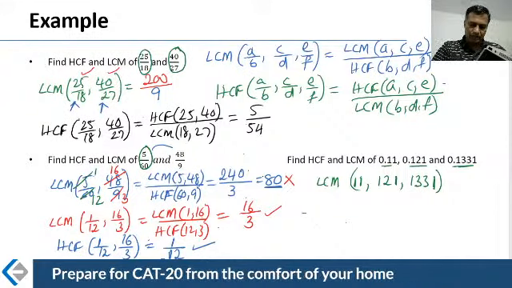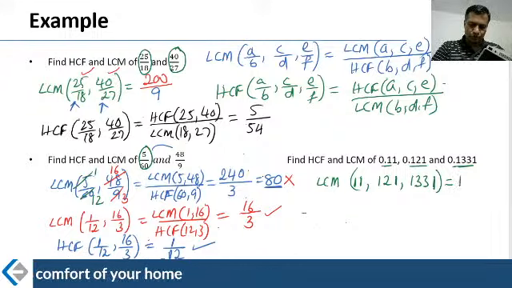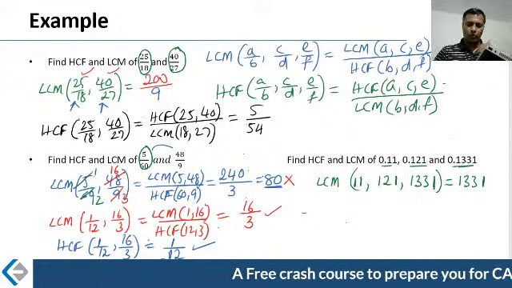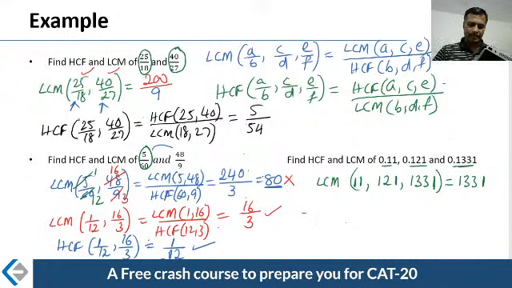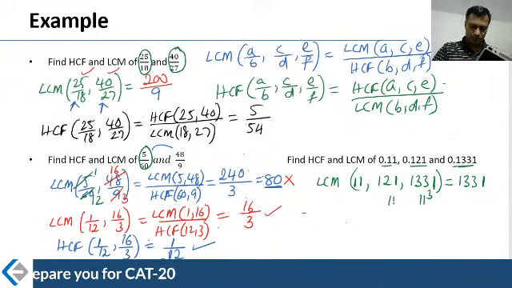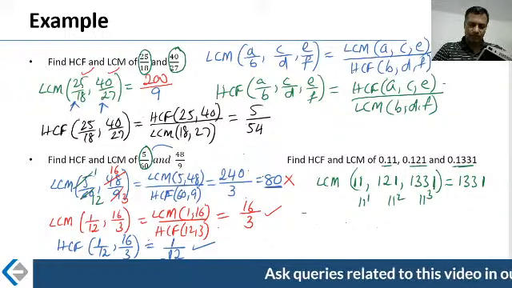You will understand that the LCM of these particular numbers is 1331, because 11 divides 1331 and 121 divides 1331. Why? It is 11 power 1, 11 power 2, 11 power 3. This is 11 cube, this is 11 square, this is 11 power 1. So simple, therefore it is nothing but 11 cube. That becomes the LCM there.